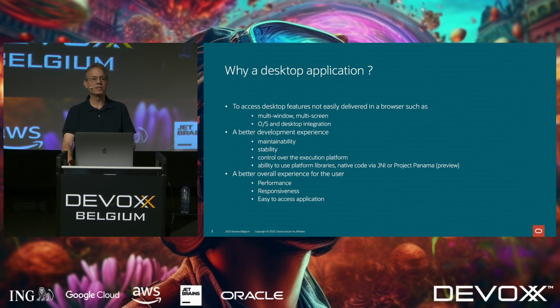The foreign function interface is previewed again in JDK 21, and it's proposed to be final in JDK 22. So there's a number of options you can use, and that's again something you can't really do in a web application. And I think your end user can also experience some benefits. You get better responsiveness, and by having a shortcut or a menu item, you can have it more easily accessible for your end users.